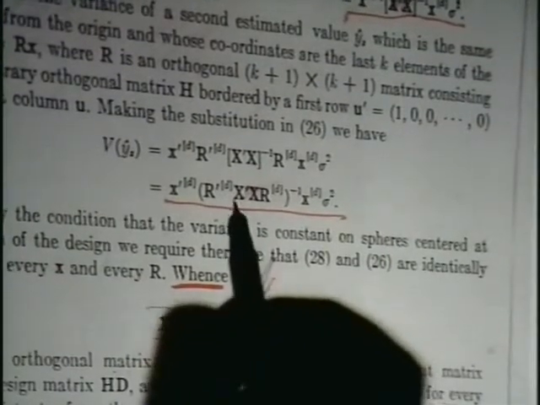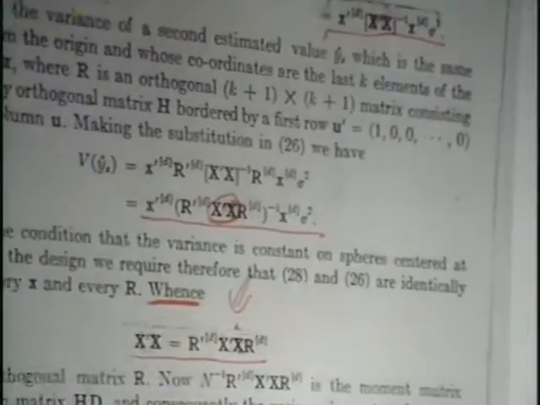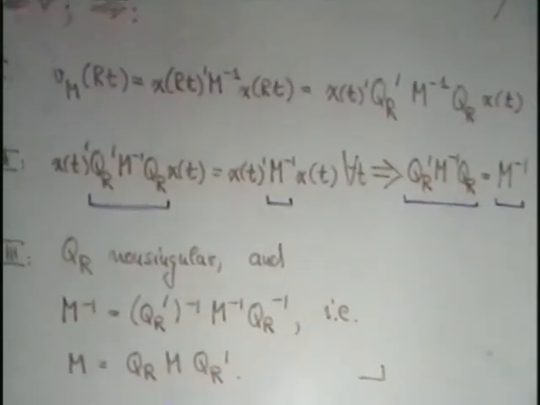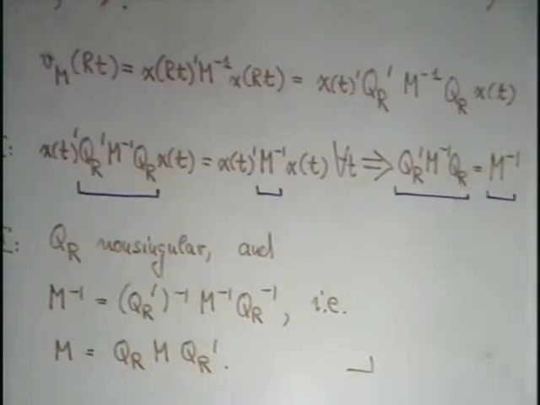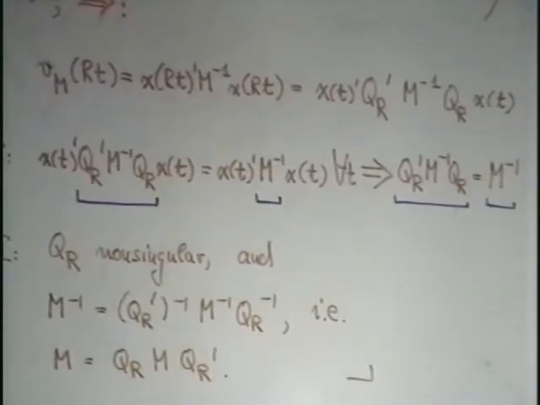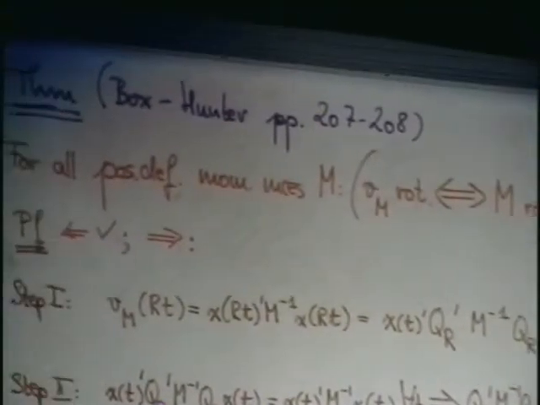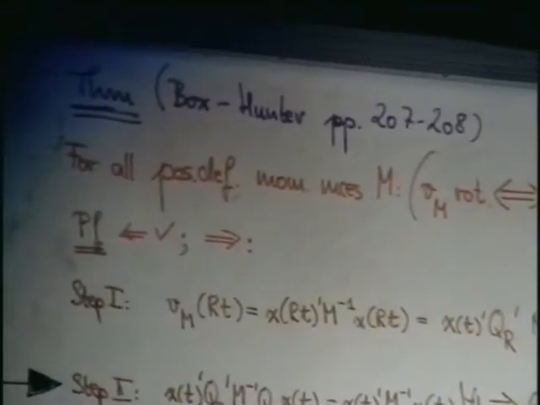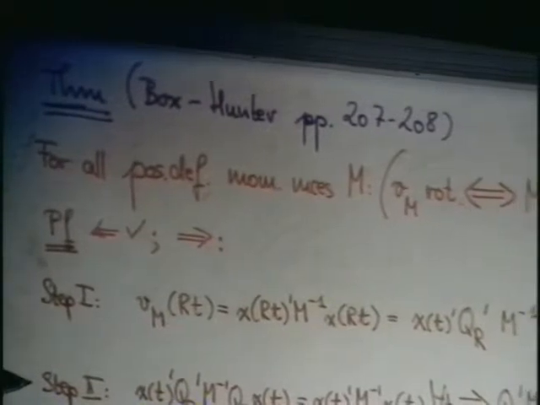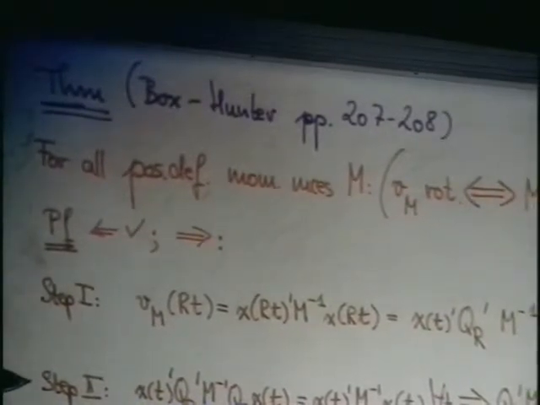The answer is that we need to use that these x's here are moment matrices of a design. So the statement that is behind the "whence" is the theorem that for all positive definite moment matrices, rotatability of the variance function, the variance surface, is equivalent to rotatability of the moment matrix.